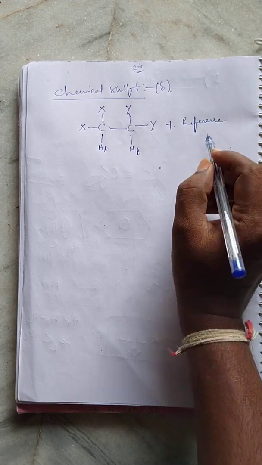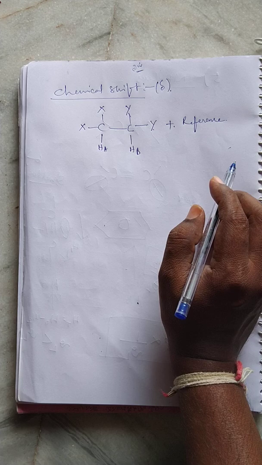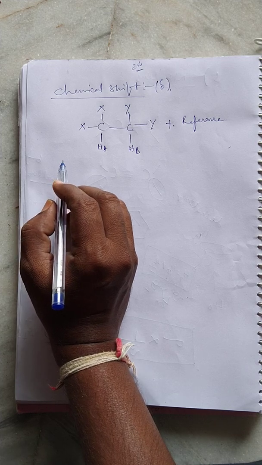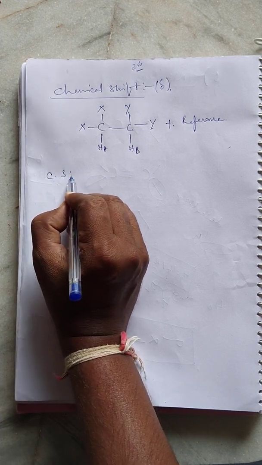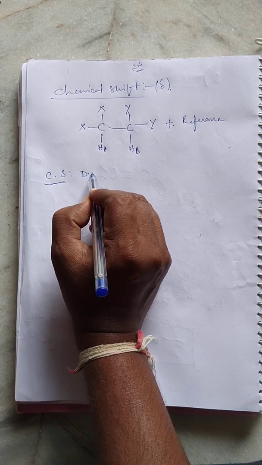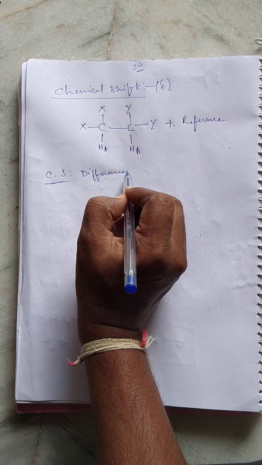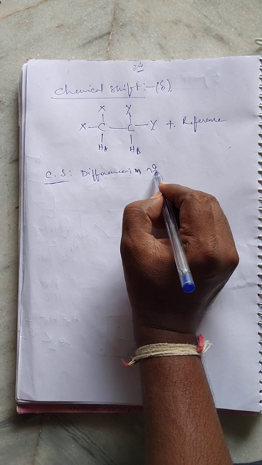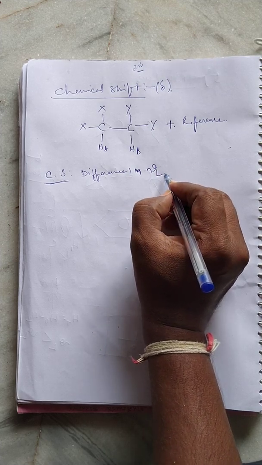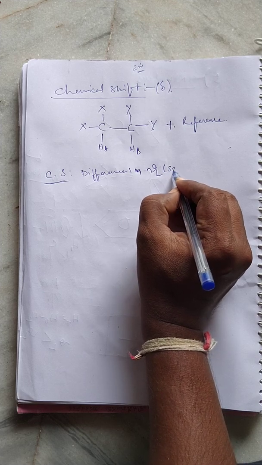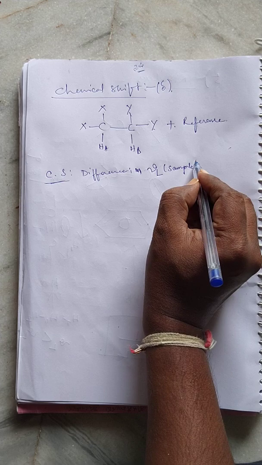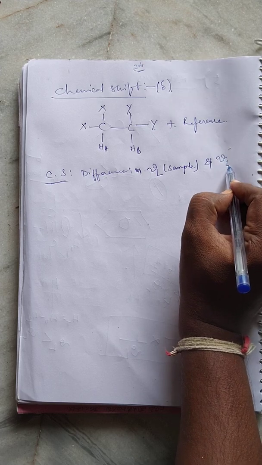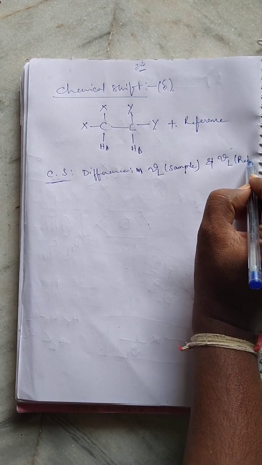So how we can define chemical shift is, chemical shift is the difference in Larmor frequency of the sample and Larmor frequency of the reference compound.